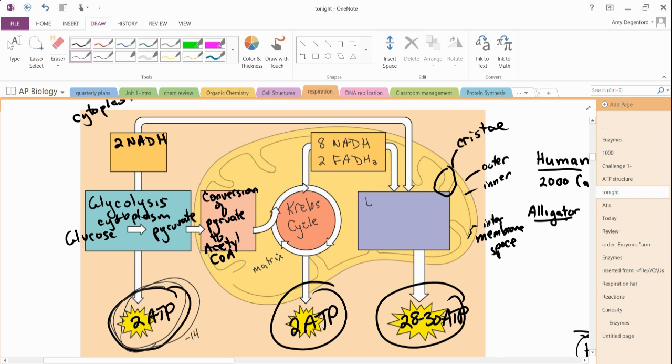And then we're down to the electron transport system. This is also called chemiosmosis, or let me restate that. These are all related to each other. Electron transport system, chemiosmosis. And then another word that is sometimes used for this is oxidative phosphorylation.